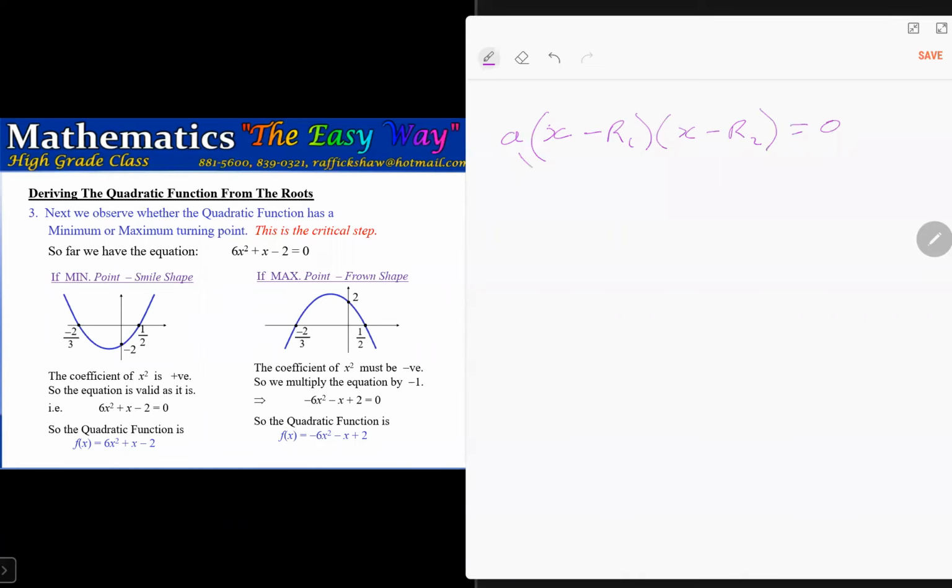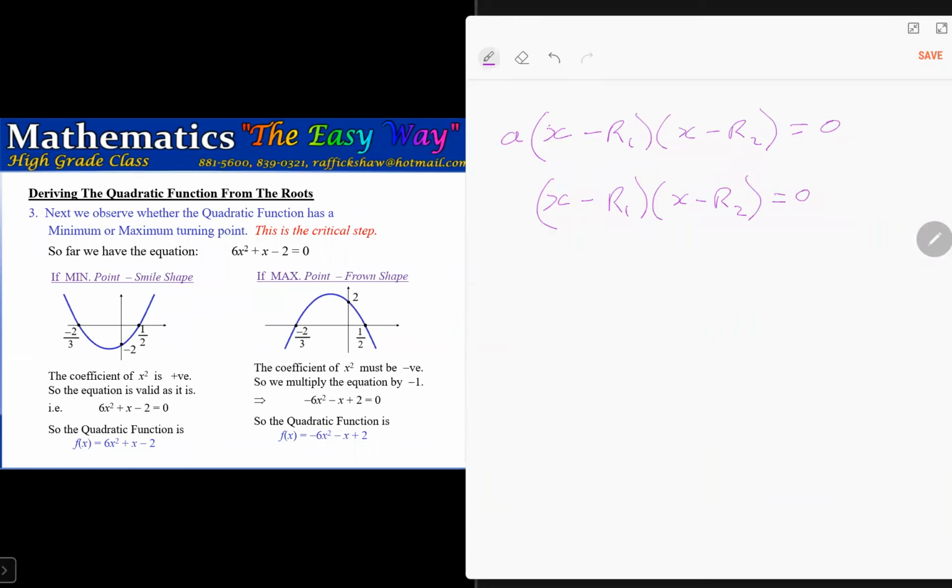But we can divide both sides by the a. And when you divide both sides by the a, that's your equation in the factor form. That's the equation if you factorize it, right? Okay, and so your equation will be x minus 1 root times x minus the other root equals 0.